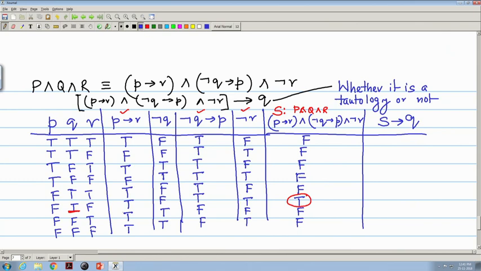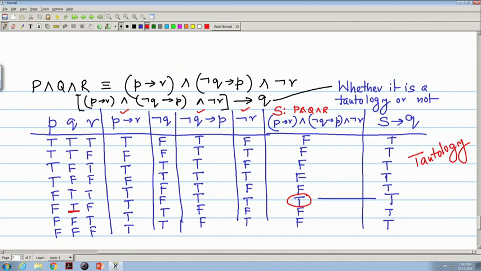In all remaining cases, since my S is F, S implies Q is always vacuously true. So, remaining all cases it will be true. What we see is that S implies Q is a tautology, because it always takes the truth value true.